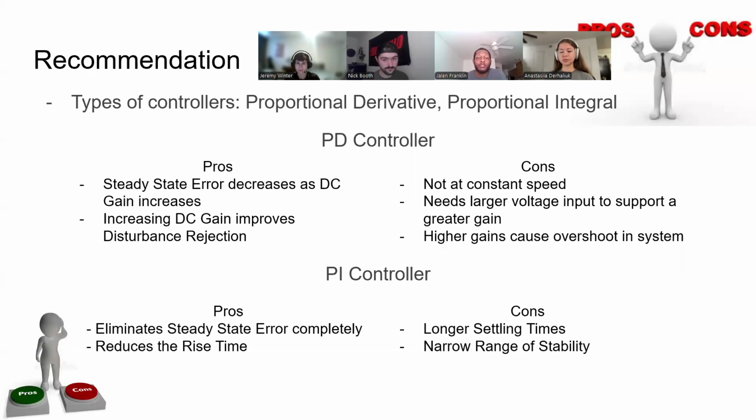However, the cons outweighed it a lot: not being at a constant speed, it needed a larger voltage input to support that DC gain, and the high DC gains caused a lot of overshoot in the system. For the PI controller, the pros were it eliminated steady state error completely. It reduced the rise time, and the only cons were it had a longer settling time and a narrower range of stability.